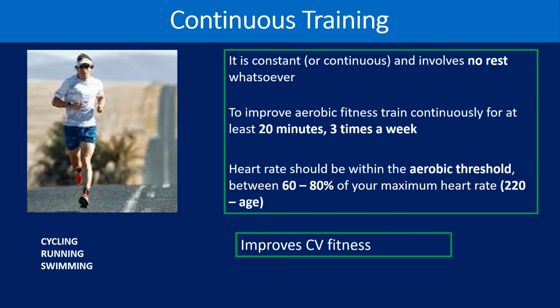Examples of continuous training would be cycling, running, swimming, and rowing as well. Athletes that would normally use continuous training are athletes that have a high cardiovascular fitness.